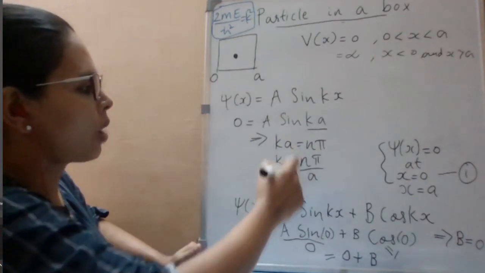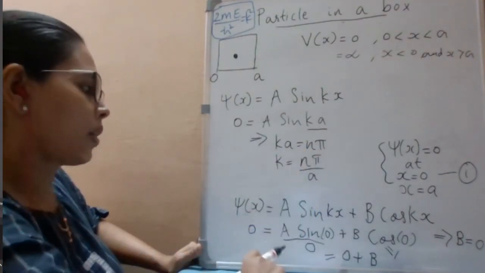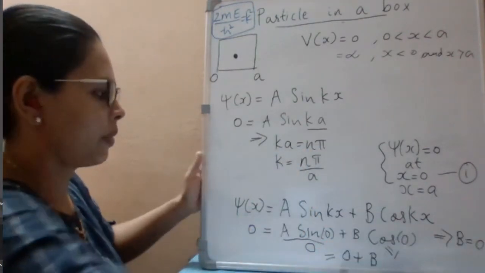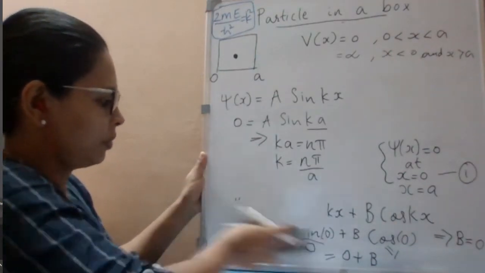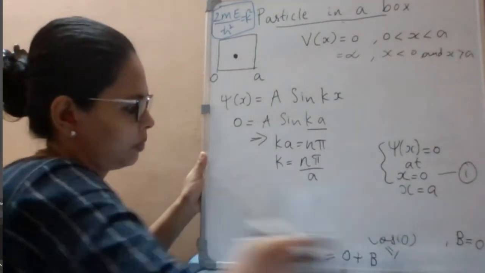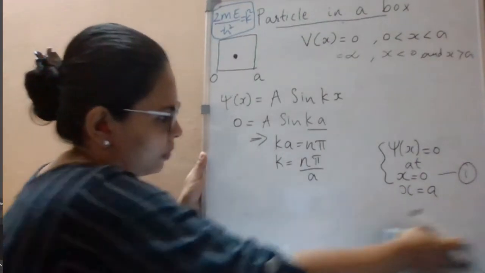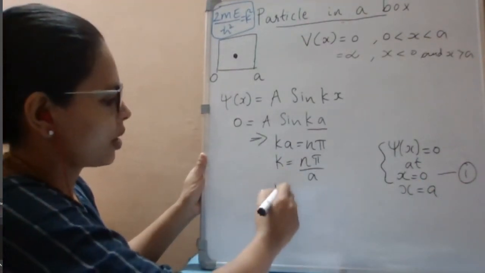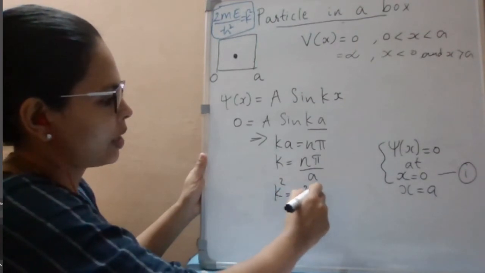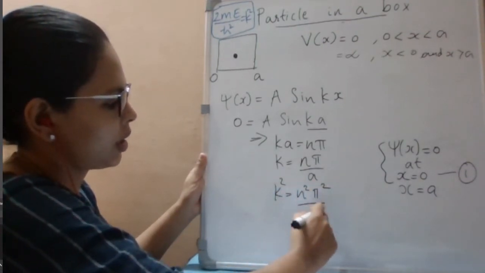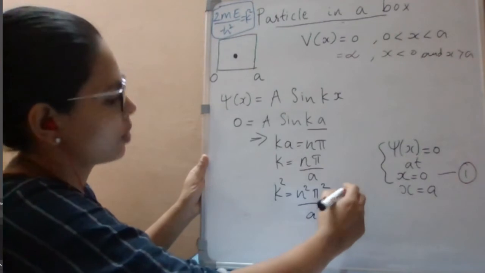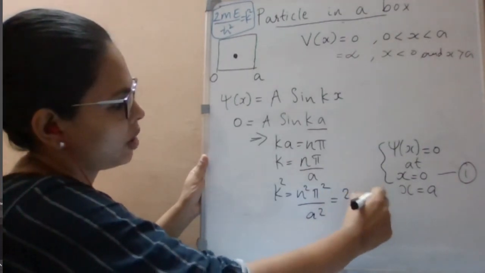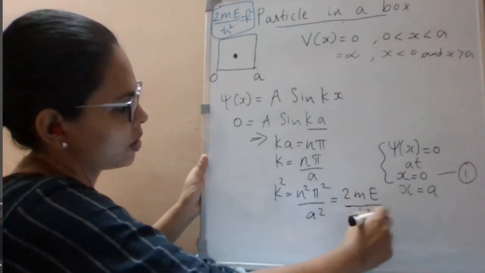So you are able to apply this condition now. Now k square is n square pi square by a square. This is equal to 2mE by h cut square.